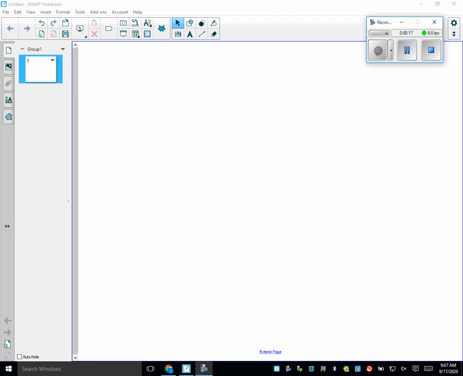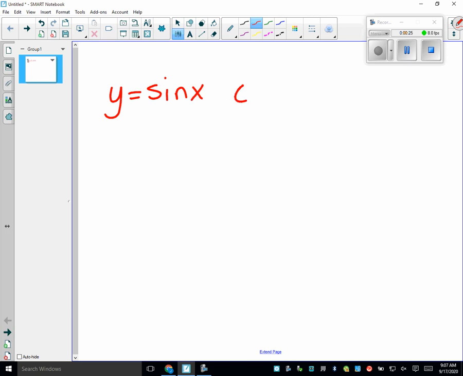No calculator page. First thing you have to do is graph this. Do you know how? Everybody knows how to do that?